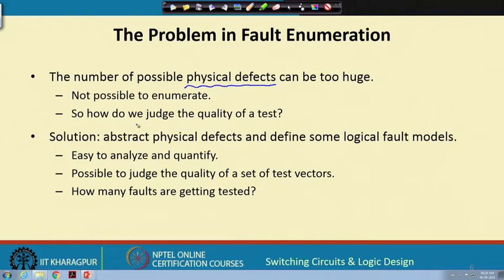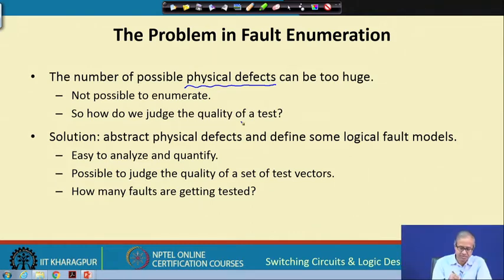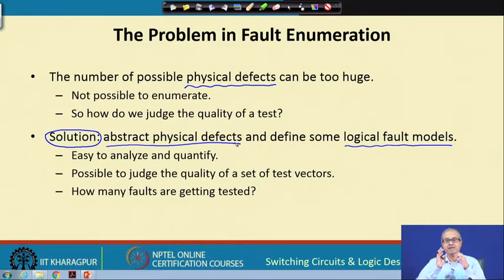So, how do we judge the quality of a test? The accepted solution in the industry is that you use something called logical fault models, where you are abstracting physical defects. You are not thinking about the actual physical defects, like a short circuit, open circuit, or a change in gain of a transistor. Rather, at a much higher level, you are abstracting the failures and thinking about faults occurring at some other level.